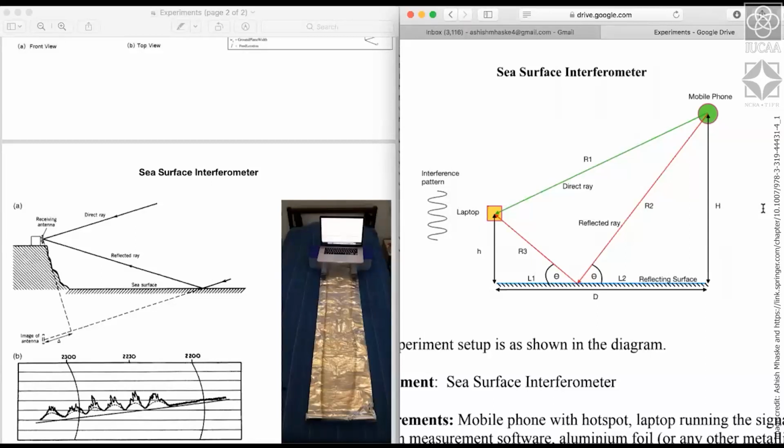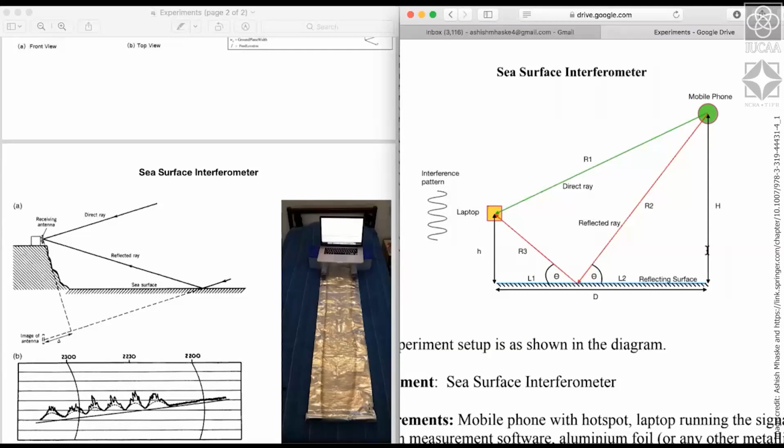Except in some cases, based on the geometry and the way it will add, you may not be placed favorably to always get a peak, or you might be at some location on the interference pattern. So that's why I don't advise that as the tool to figure out where you should place the reflecting surface. That cannot be trial and error. You can work that out and put it there and then take a measurement.